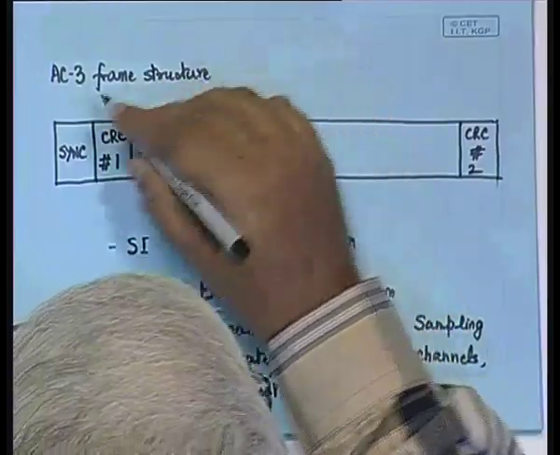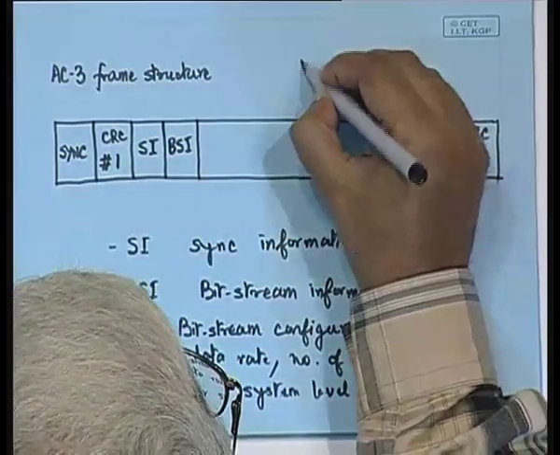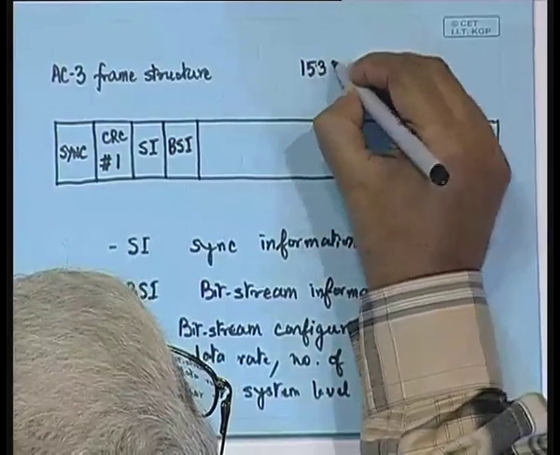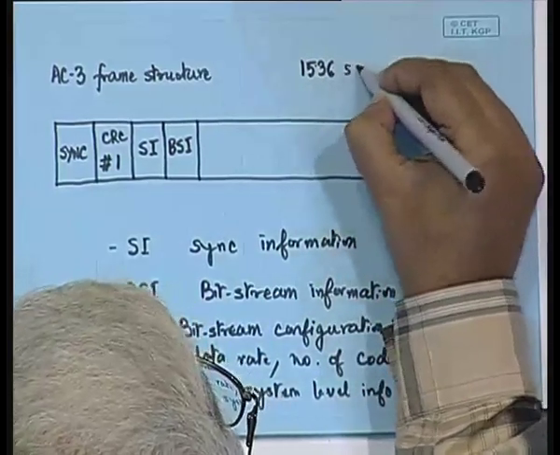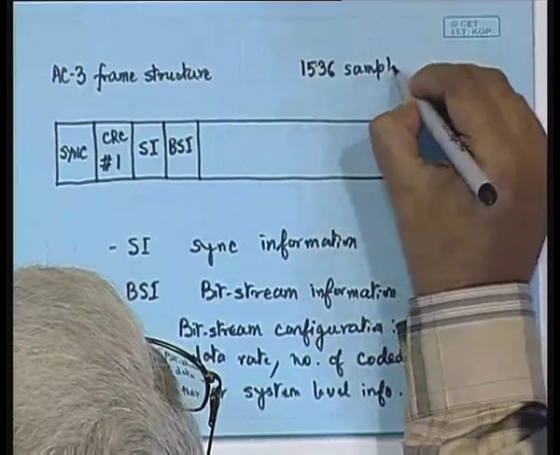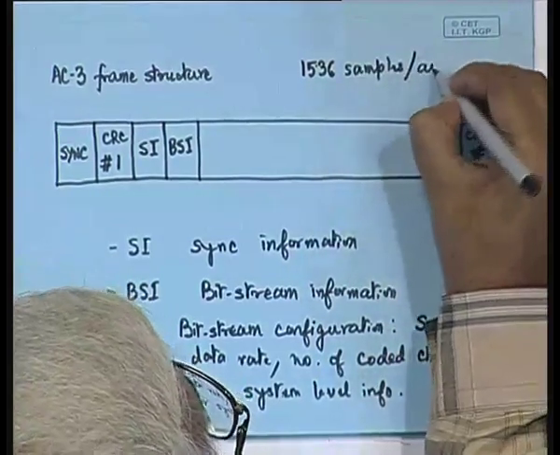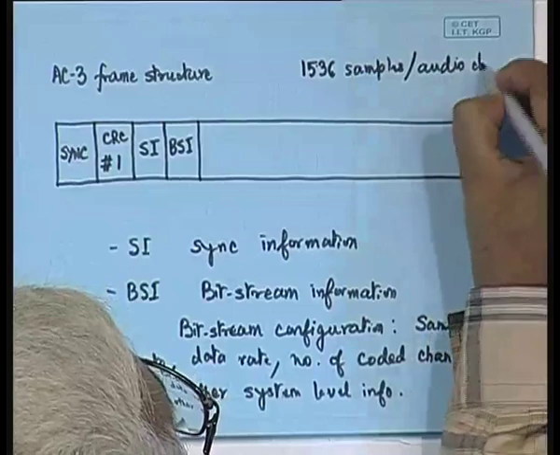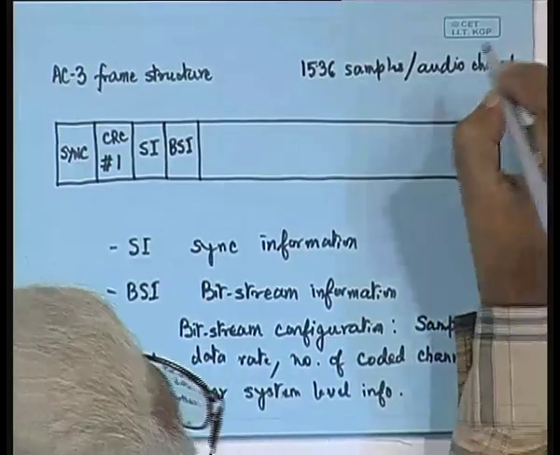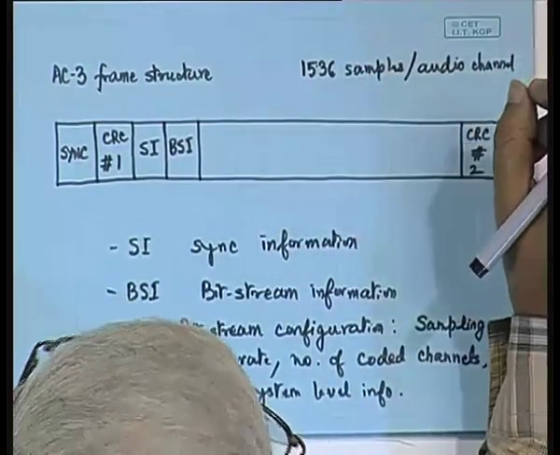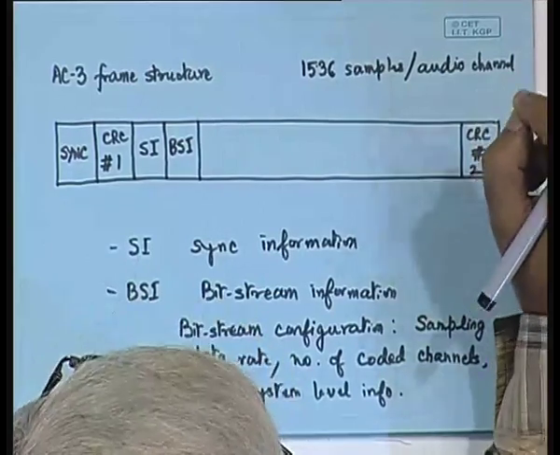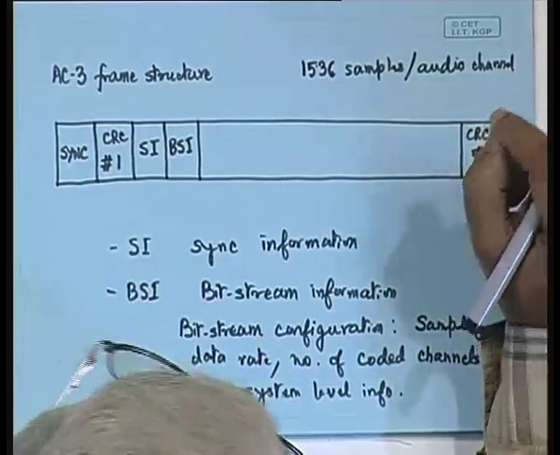So, each channel can have up to 6 audio blocks, and in fact, in the AC3 frame, each frame consists of 1536 samples per audio channel, and each audio channel is divided into up to 6 blocks.